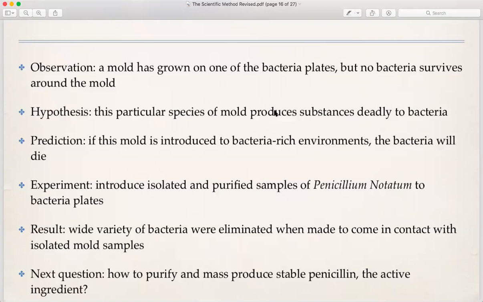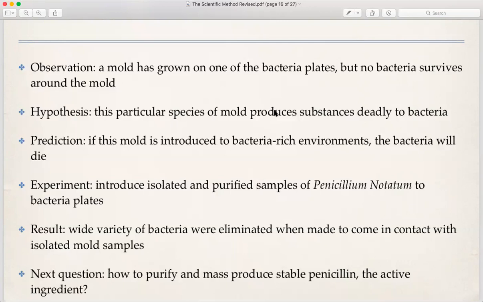But he had the insight and the curiosity to wonder more. This is what inspires me about this particular story. His guess was that the mold produces substances that are deadly to bacteria.